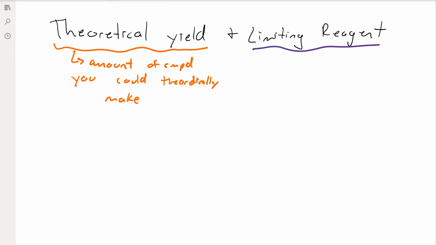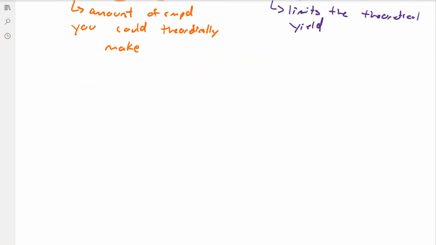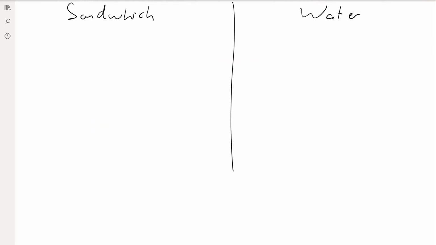And then the limiting reagent is the reagent that limits the theoretical yield. So let's just backtrack a little bit back to our sandwich analogy, and we'll see how that works with our water formation chemical reaction.